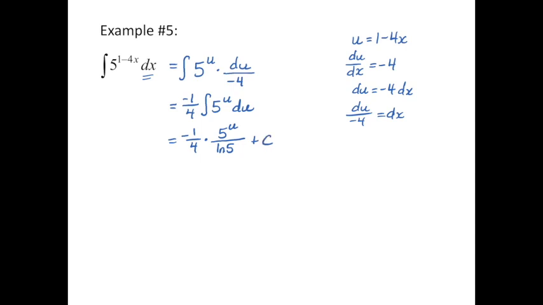And again, like the previous example, we don't want to leave the integral in terms of u. We started off with the function in terms of x, so we should finish in terms of x. So our result would be negative 5 to the exponent 1 minus 4x over 4 times the ln of 5 plus c. And that would be our final answer.